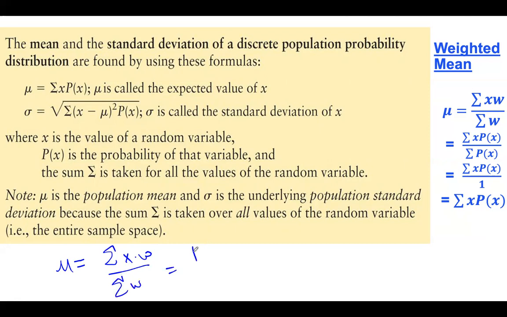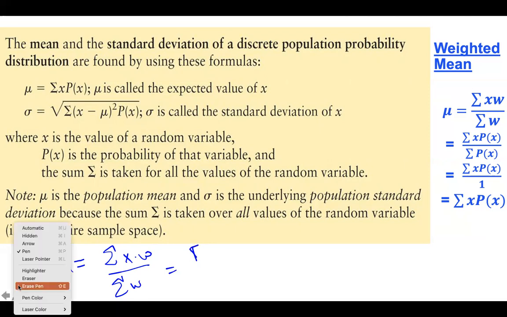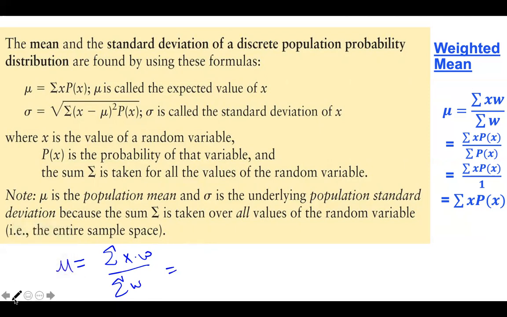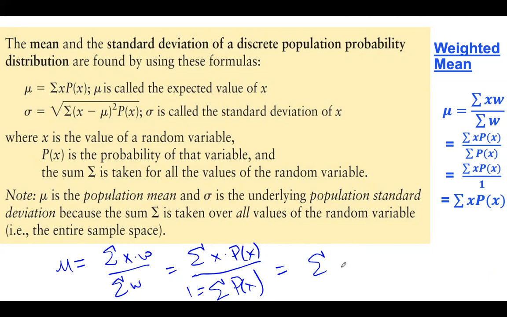Here, if we exchange our weights for our probability, we see that this denominator is equal to 1, because the probability distribution has to sum to 1.